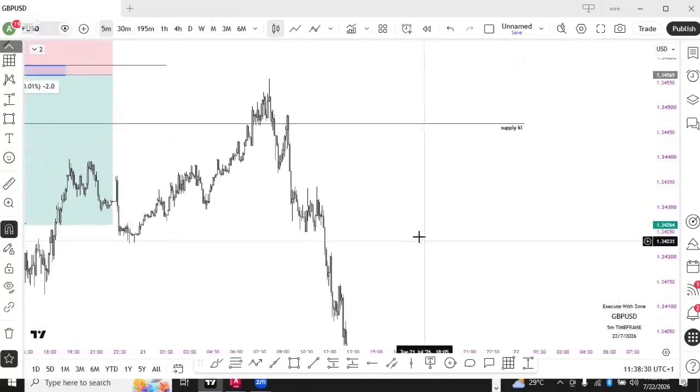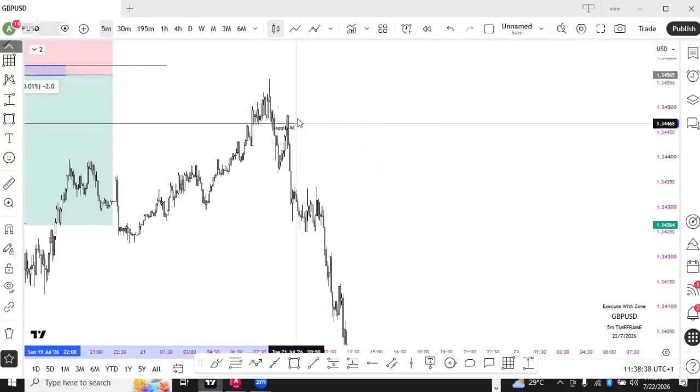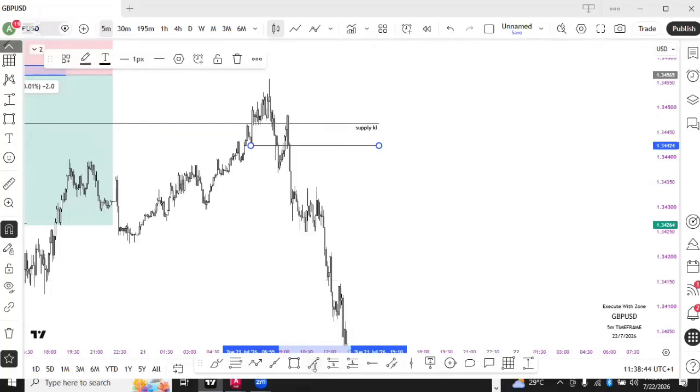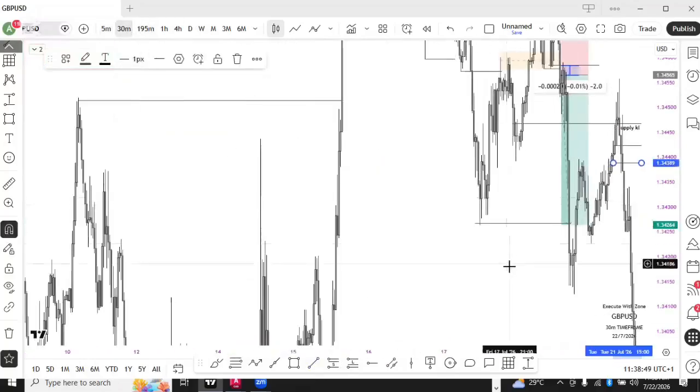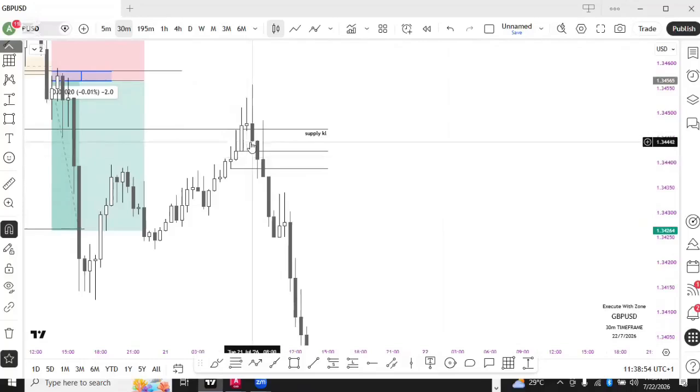And what will be my confirmation? A valid structure shift. So in this zone here, price tapping. After price tapping like this here, it gives us a shift to the downside here. And this is another shift again to the downside. So I will now move to 30 minutes. What I want to do on 30 minutes, there is no QM here, but this apex is still fresh.